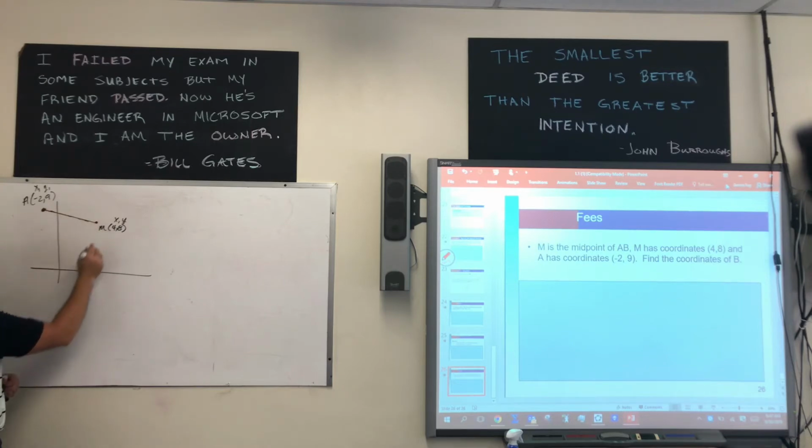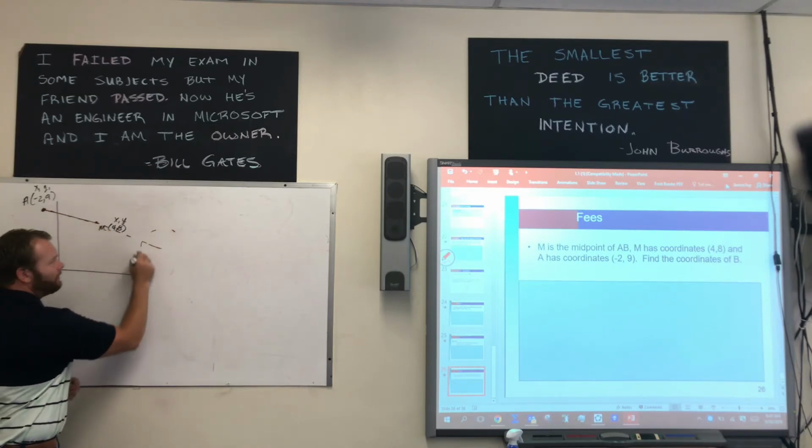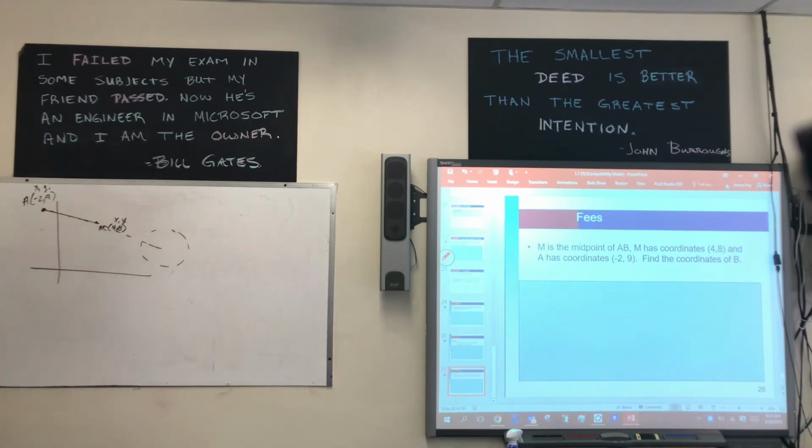Okay, so I know that distance, but I don't know where B is. B is going to be somewhere in that circle, right? Now, this is the reason I like to have the sketch here. When I'm done, I should know that B has an x value that's bigger than 4, and it should have a y value that's smaller than 8. Does that make sense, everybody? Kind of using the slope and stuff of A to M to project what the potential values of my other endpoint are going to be.